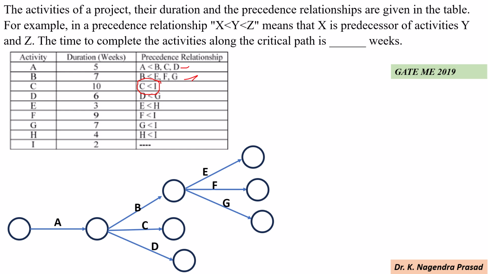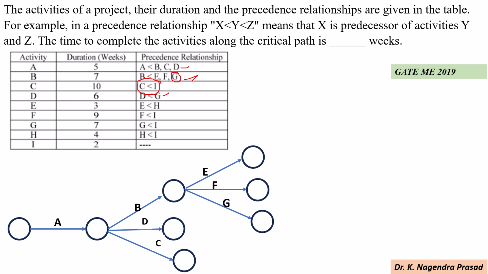Next we look at activity G. It will start after completion of activity D. Here activity G already came, which means activity G will start after completion of activities D and B. So change the position of activities C and D like this. Better to draw activity G here, changing the position of activities C and D.